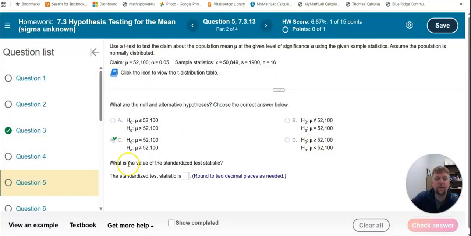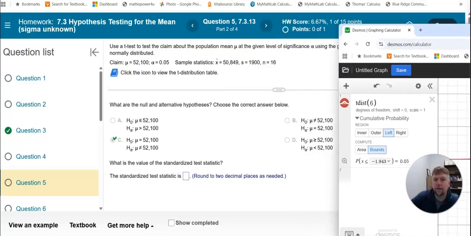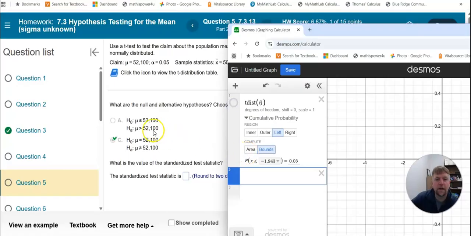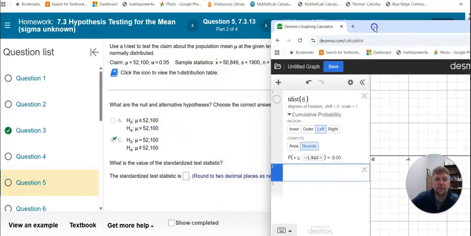And then after that, it wants to know what is the value of the standardized test statistic. So I'm going to bring this back, turn this off for a second. That is just the z-score, in this case a t-score, but it's the z-score process. It's a measurement minus its mean divided by its standard deviation, just like it was way back in the beginning of the semester.